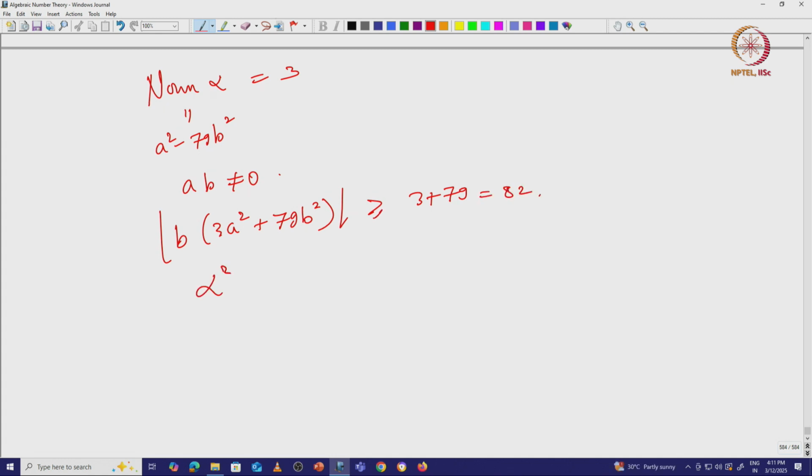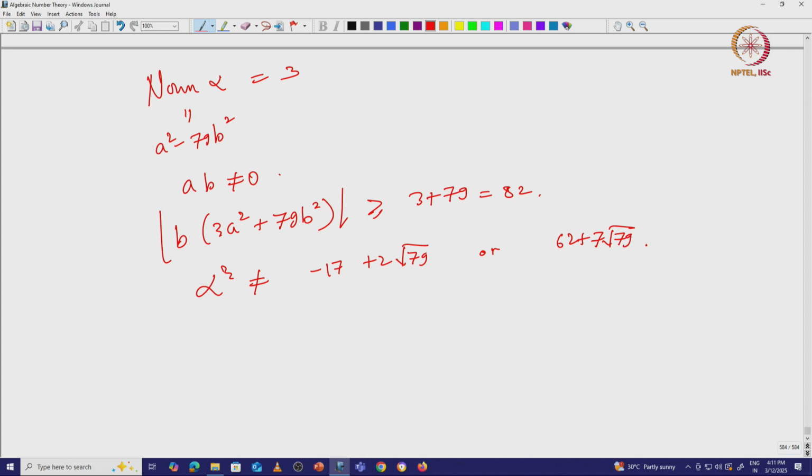So, alpha cubed is not equal to minus 17 plus 2 square root of 79 or 62 plus 7 square root of 79.